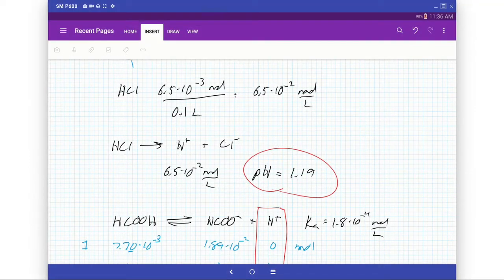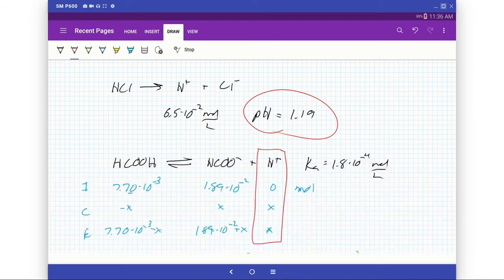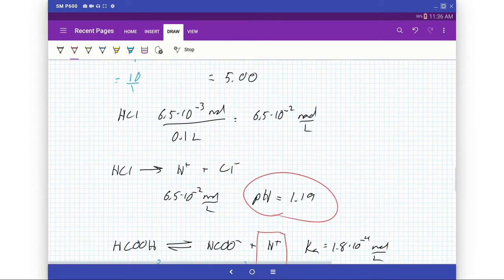So in the context of this was the calculation of the pH where we added this to pure water and realized that pure water has a pH of 7.